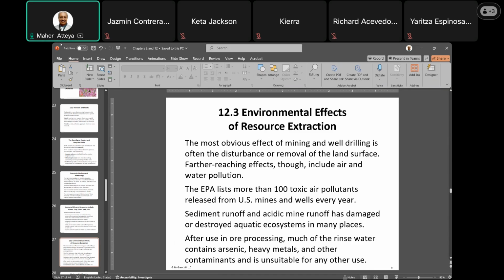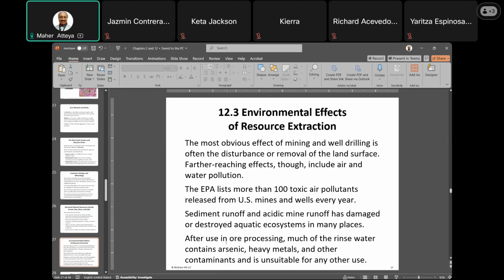As you can see, there are a lot of negative side effects on our environment from the mining of those metals from their minerals, from their salts. Minerals mean the salts of those metals.